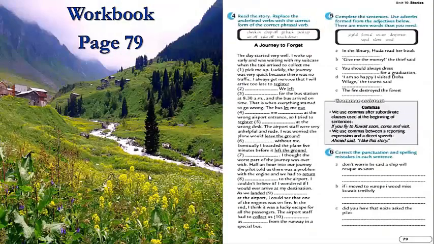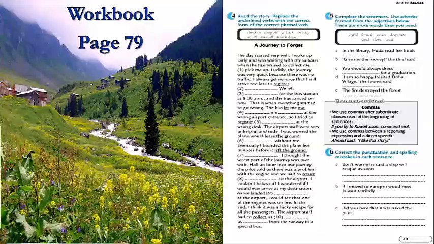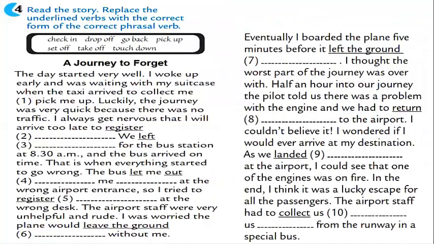Here, my dear, on page 79 in the Workbook. Read the story. Replace the underlined verbs with the correct form of the correct phrasal verb. We have chicken out, trouble, go back, pick up, sit up, take up, touch down.